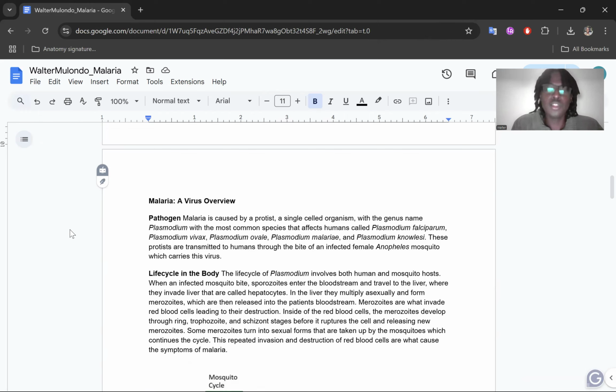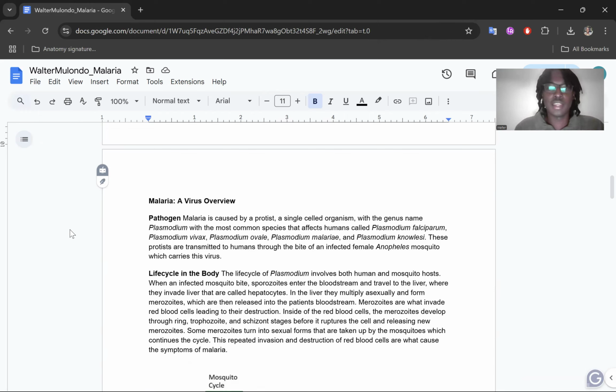The life cycle of Plasmodium involves both humans and mosquito hosts. When the mosquito bites the human host, sporozoites enter the bloodstream and travel to the liver. In the liver, they multiply asexually to form merozoites, which are then released into the patient's bloodstream.